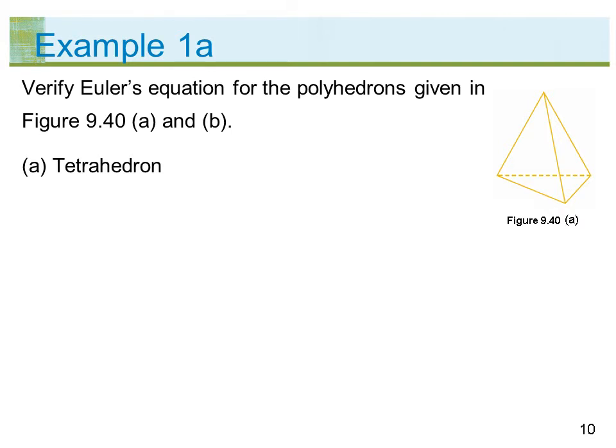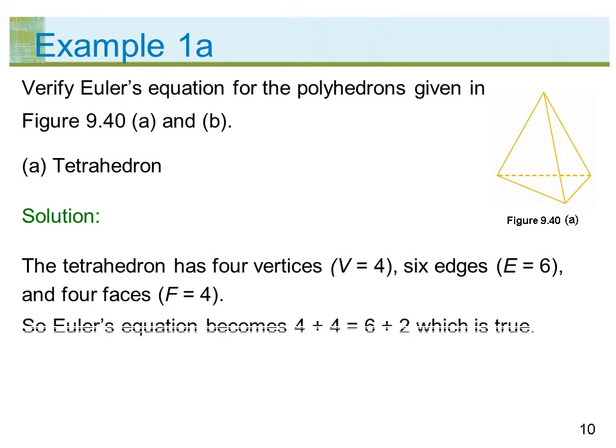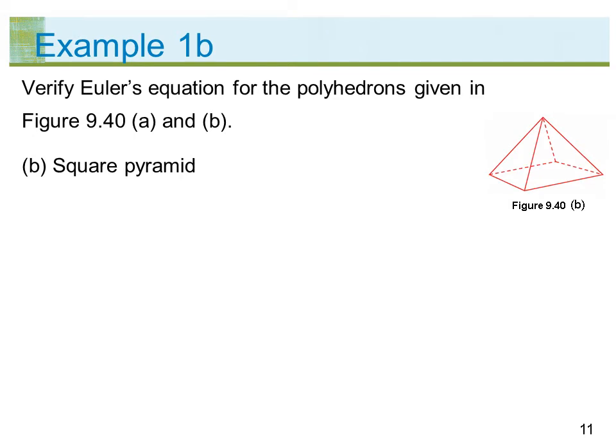Verify Euler's equation for the polyhedrons given in Figure 9.40a and b. A. Tetrahedron. Solution. The tetrahedron has 4 vertices, V equals 4, 6 edges, E equals 6, and 4 faces, F equals 4. So Euler's equation becomes 4 plus 4 equals 6 plus 2, which is true. B. Square pyramid.